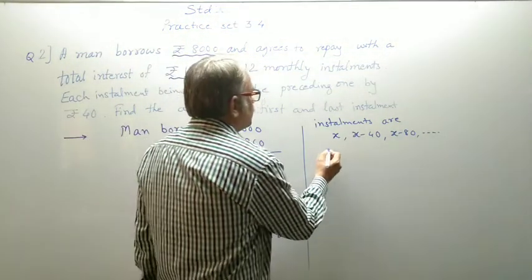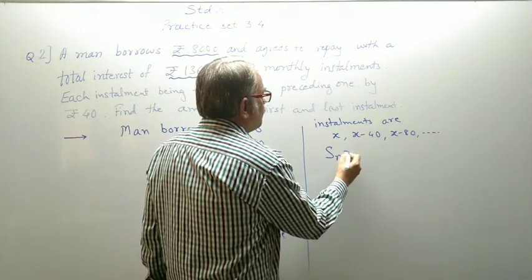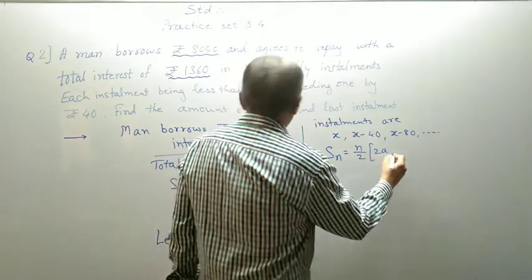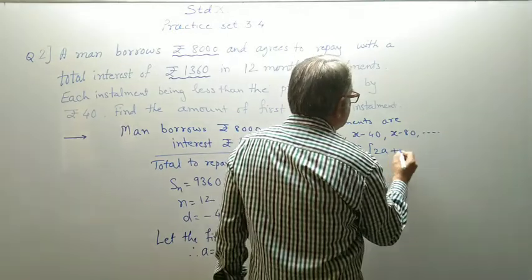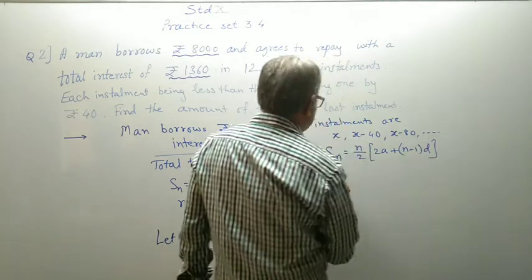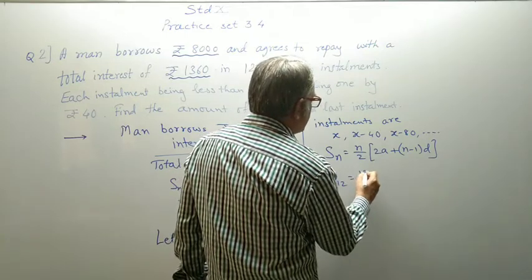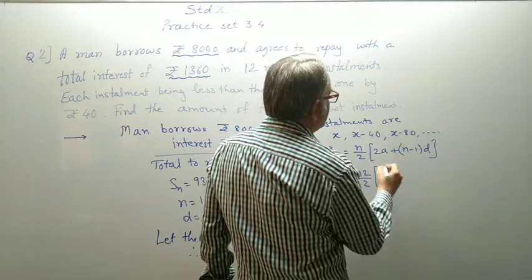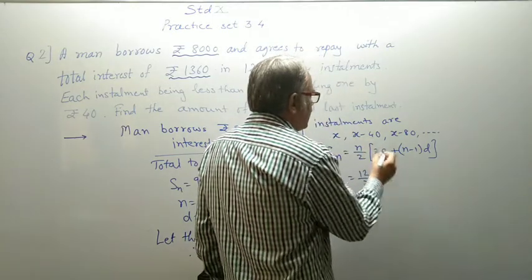In AP, these are the things we have to find. X. So first use the formula of SN, N by 2 bracket 2A plus N minus 1 into D. S12 is equal to 12 upon 2 bracket 2X. A we assume as X. In some schools they may write A as it is.